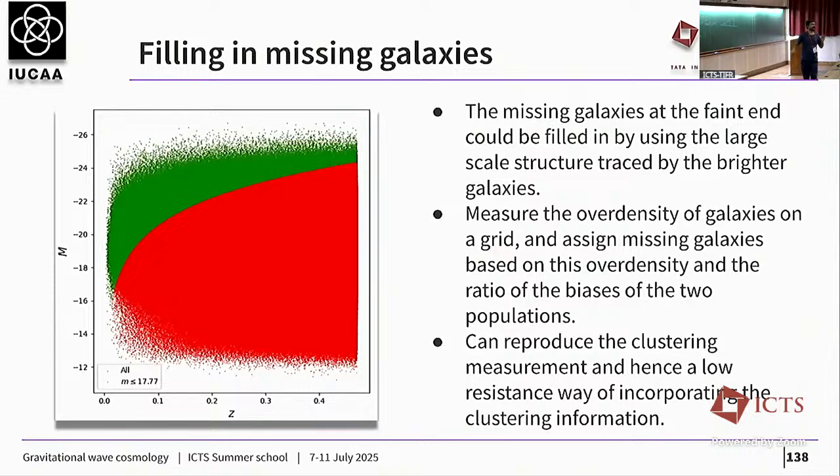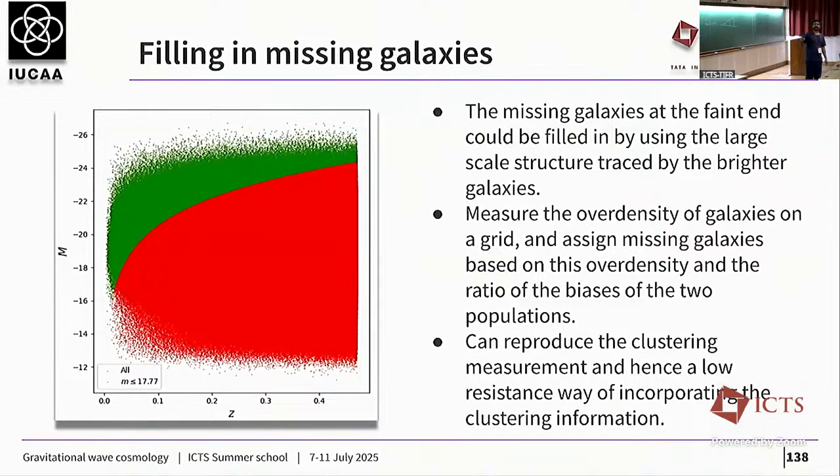These are the ones that you can observe, but the red galaxies are the ones which are completely missing, right? So then, is there a way to use this information again for these red galaxies? So we are trying to use the clustering information in order to get at gravitational wave events, which may be hosted by galaxies here. But there is another way of dealing with this problem.